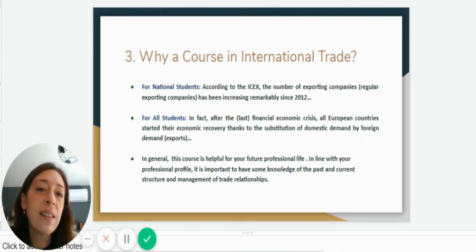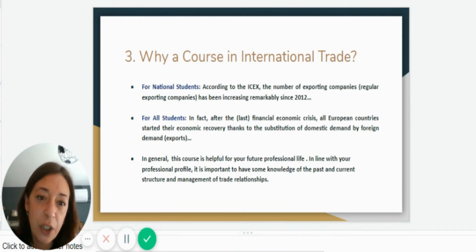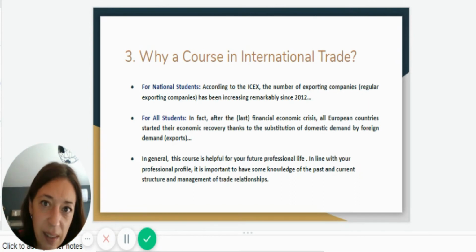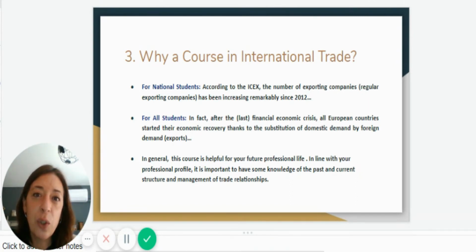Why a course in international trade? Well, for national students, according to the Spanish Institute of International Trade, the number of exporting companies has been increasing since 2012. So more and more firms are trying to enter foreign markets. They are trying to internationalize their activity, and I think it's important then.